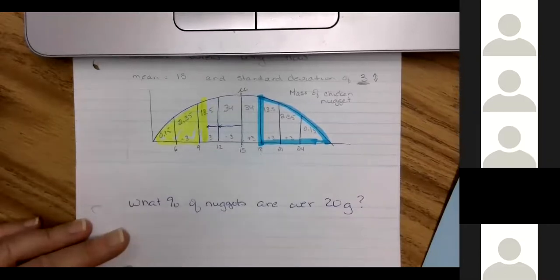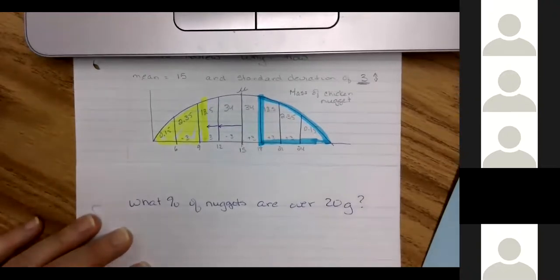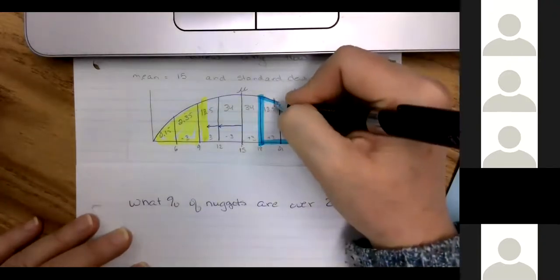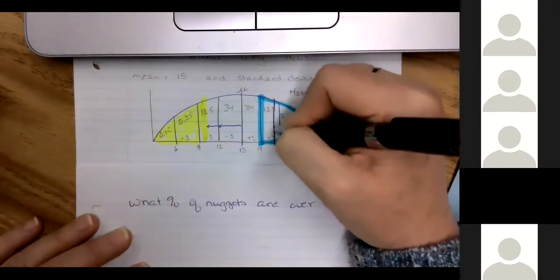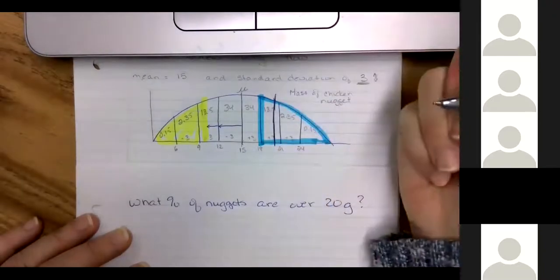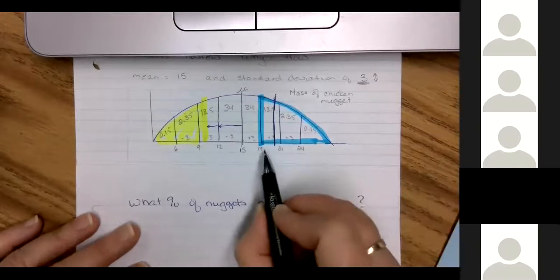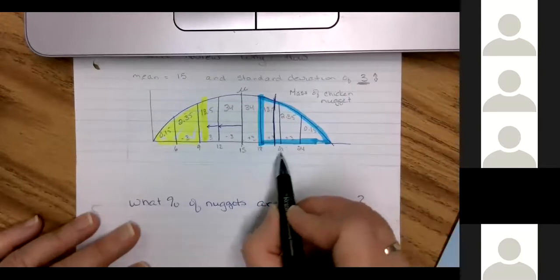No. So we're going to have to do what? I don't know. Okay, good. Well, I was hoping you weren't going to say cry. So we got to do something. I'm going to guess that 20 is right about there. You could even put it halfway every single time, but if that's 18 and that's 21, I'm thinking it's a little closer to 21.